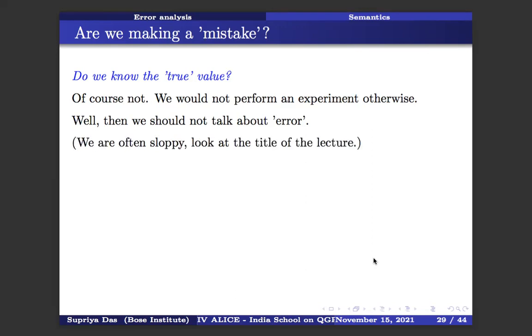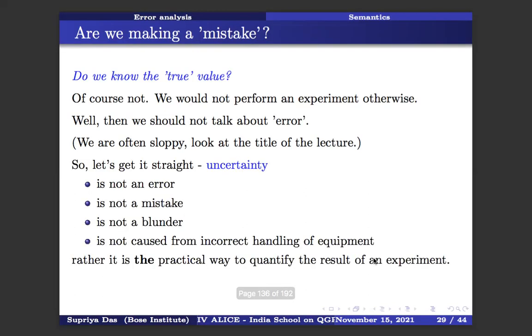You see, the title of my lecture is error analysis. We all call it error analysis. Even the books, the literature, the lecture notes, the papers, they all talk about error analysis. So this is, I would say, a sort of sloppiness. We actually should not talk about error. So let's get it straight.